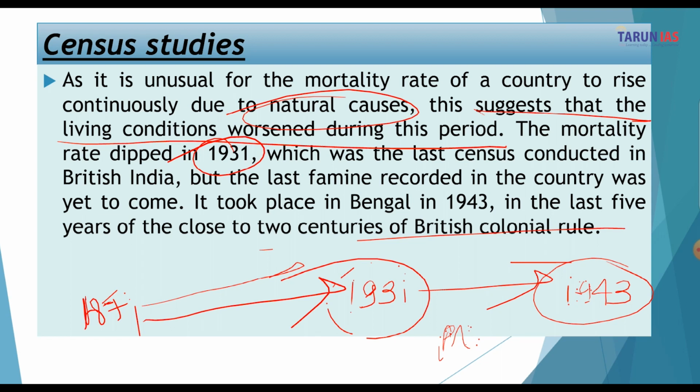And he also used to publish a journal by the name, I have a confusion here, it was by the name Sankhya or Biometrika. I have confusion between these two names. So, Professor PC Mahalanobis pioneered the study of famines in Bengal, and it was in 1943 that the worst famine took place in Bengal, and it was more or less because of the British policies, especially during World War II.